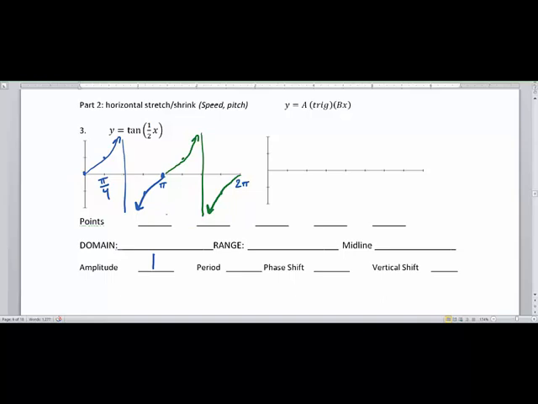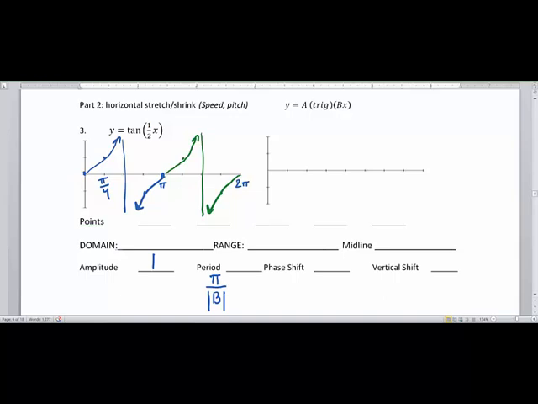And don't put a 0 in for amplitude, because that would just multiply by 0 and quickly delete everything. Our points, we don't want to put any of those down because we want to affect the period first. And the period is going to be pi in this case, divided by the absolute value of b. Now you'll note that when we were dealing with sine and cosine, it was always 2 pi divided by the absolute value of b. But since we're dealing with tangent and other times cotangent, this is going to be my new period formula.